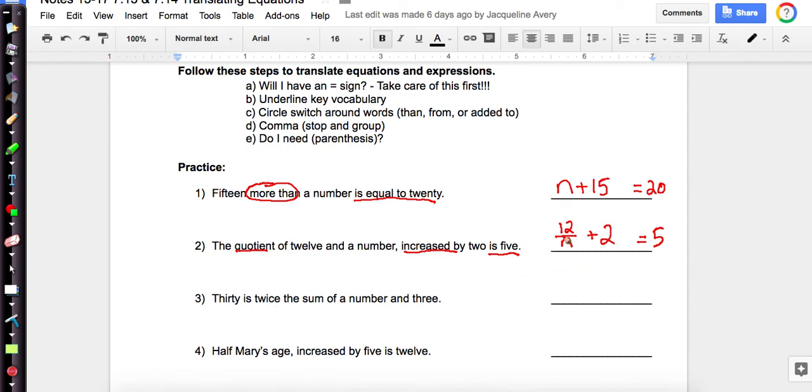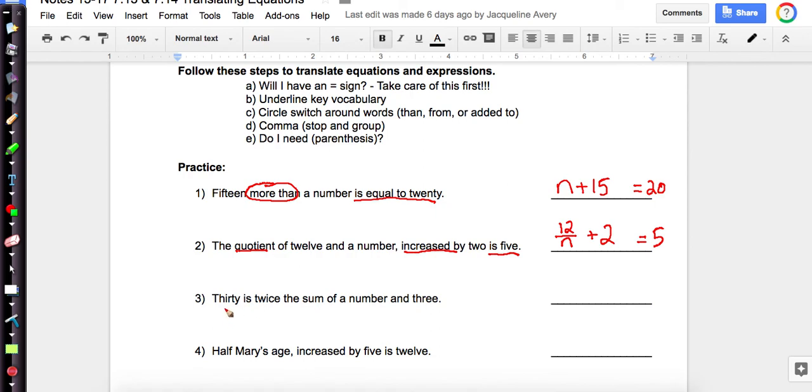Now, normally I would put this in parentheses, but I didn't write the parentheses here, and here's why. What would I do first in order of operations? I would do division. So if I would normally do division anyways before I do addition, then I don't need parentheses here. Now, is it wrong if I put the parentheses? Absolutely not. But I don't need the parentheses.